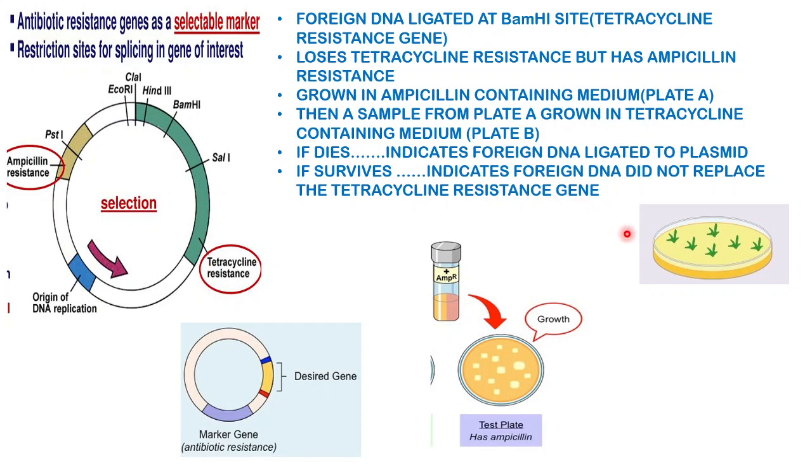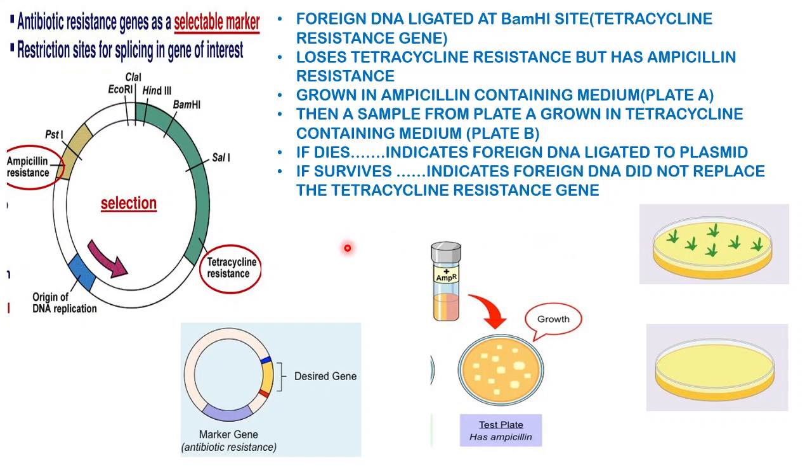That means it did not become a recombinant DNA if it survives. But if it dies, it means the gene got ligated to it. So this is how we can find out whether our plasmid took up the new gene or not.